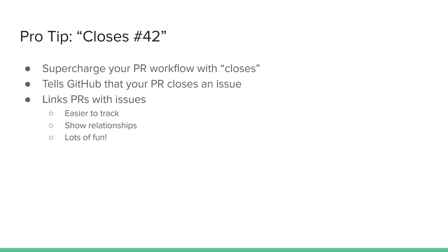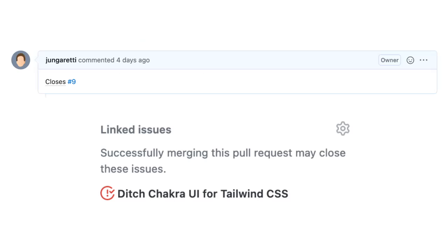If you create a pull request that fixes that issue, you can comment or add to the description closes hashtag 42. And once that pull request is closed by merging into the main branch, the issue will be closed as well. And this is just kind of housekeeping stuff, easier to track. It creates a relationship between an issue and a pull request. It's kind of fun. Everything gets closed together.